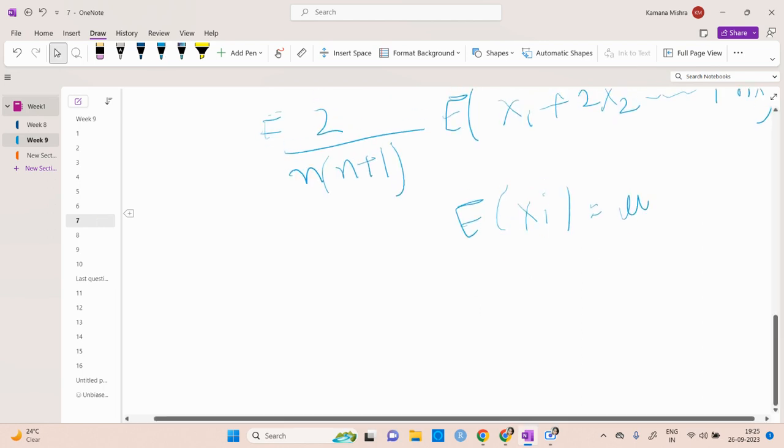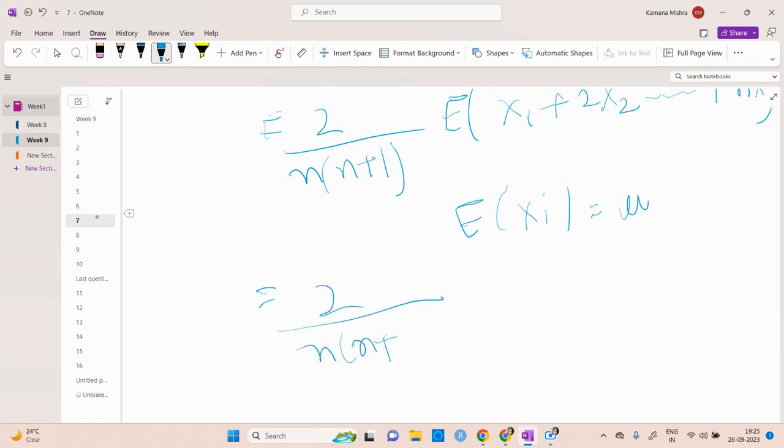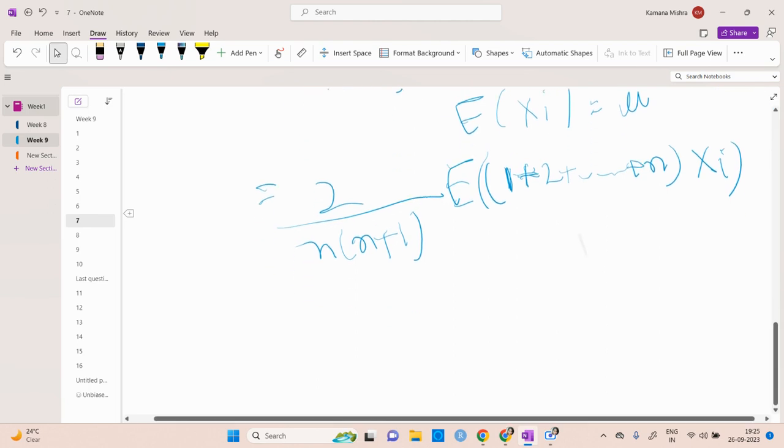So then we can write it as 2 upon n(n+1) times mu times (1 plus 2 up to n), right?